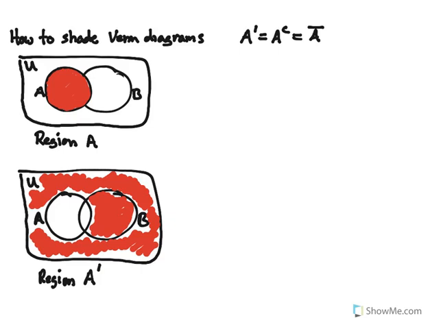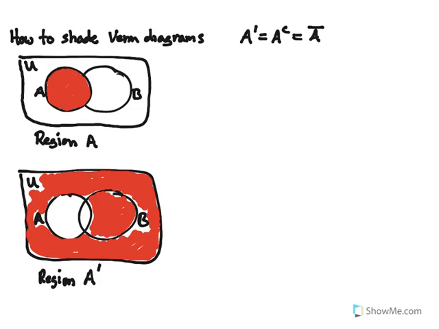All right, so just go ahead and shade it in. I'm just going to do this for you so you can see exactly what's going on. And you notice that the region that's not shaded is the region A. Can you see that?